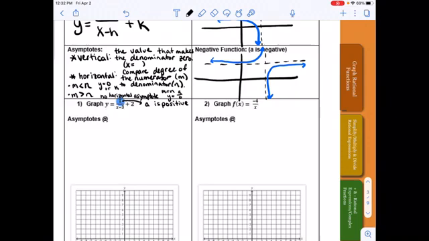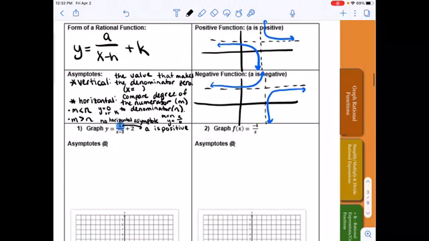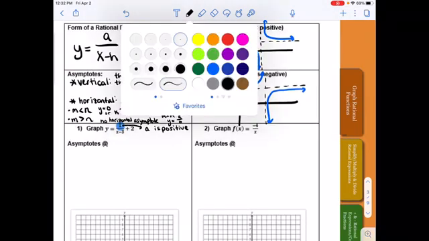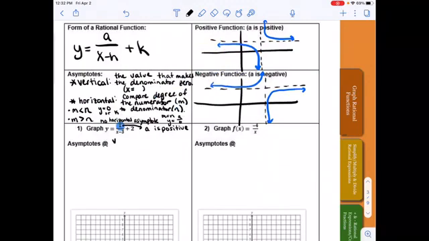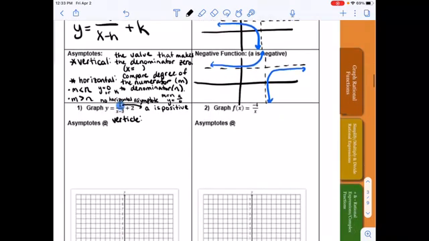And now we need to look at our vertical and horizontal asymptotes. So to find the vertical asymptote, we are going to set our denominator x minus 3 equals 0. So whatever makes the denominator 0 is the asymptote.